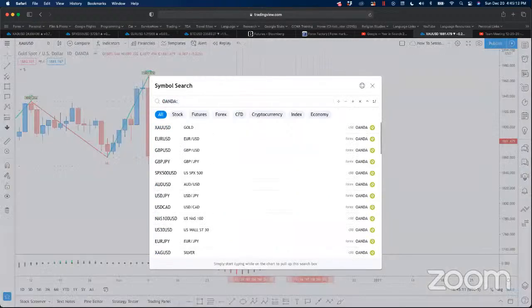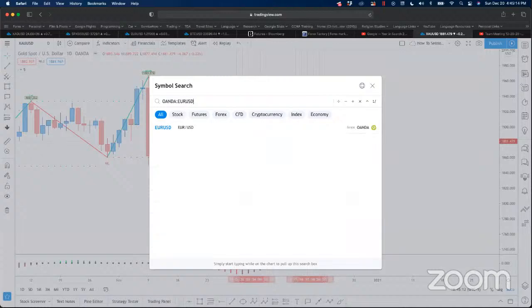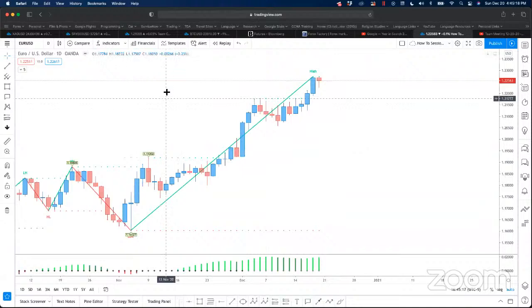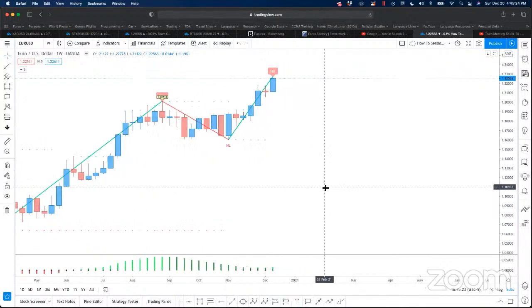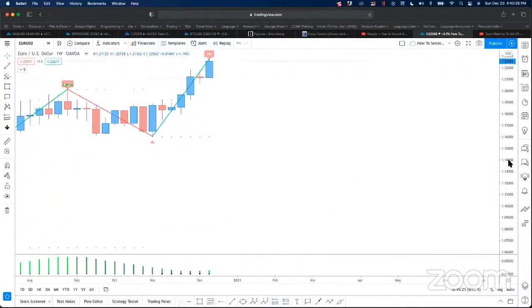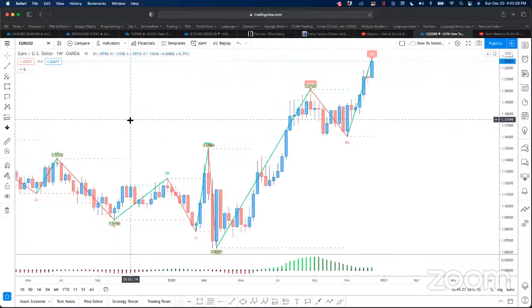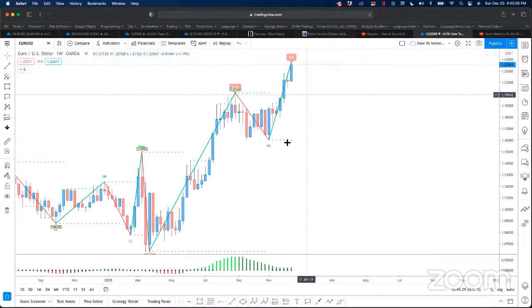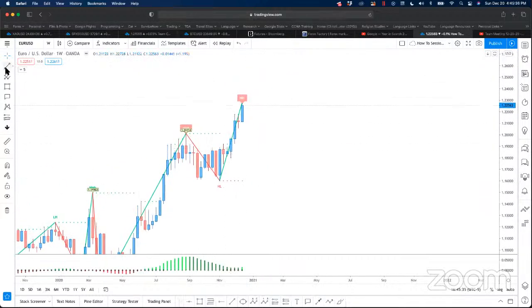No, this is newer people trading this. Look at EU, right? Go to the weekly, right? The weekly says we're bullish. We see that, right? All right.